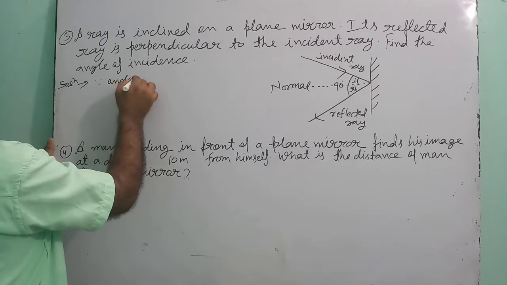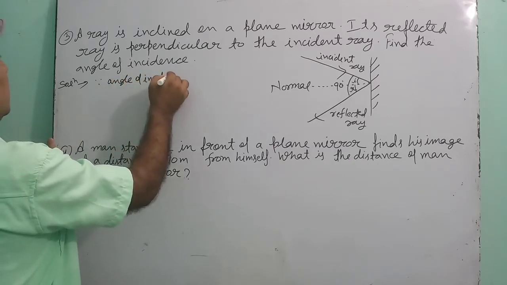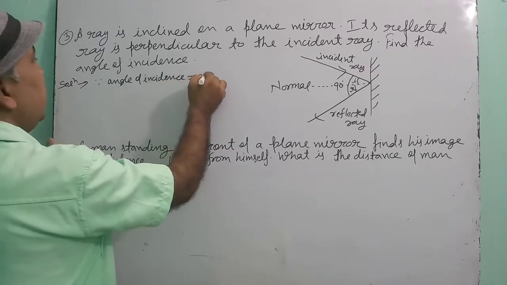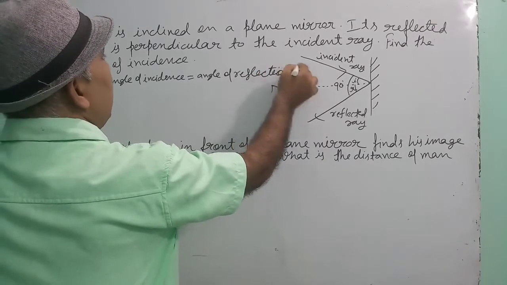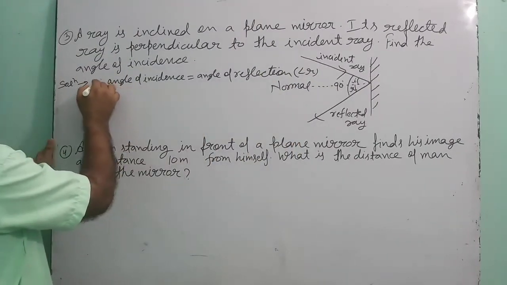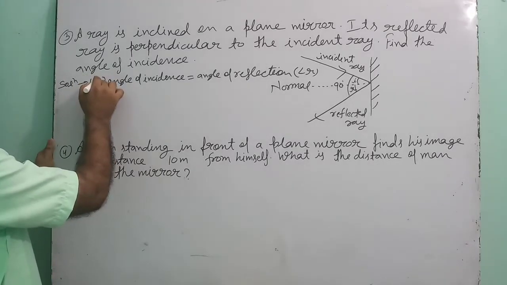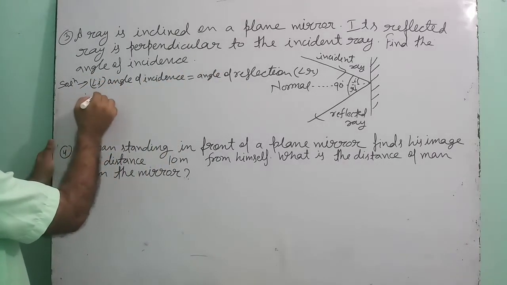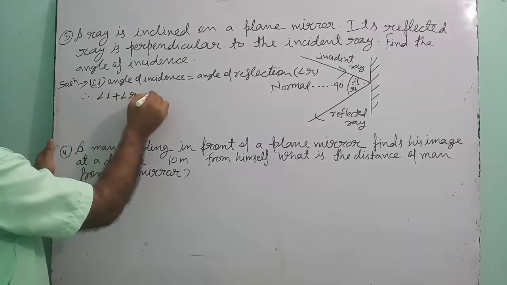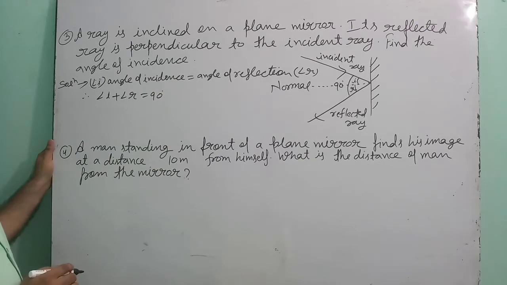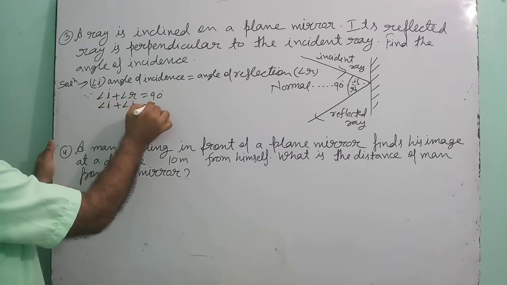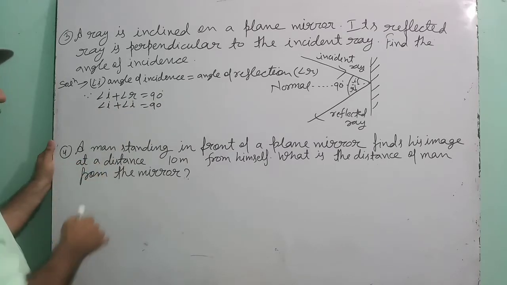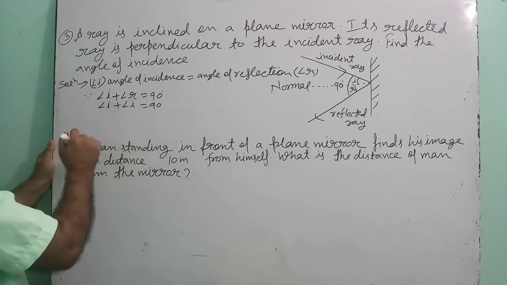Since the angle of incidence is equal to the angle of reflection, angle I is equal to angle R. Therefore, angle I plus angle R is equal to 90 degree. It is given. Since angle I plus angle R equals 90 degree, here we can write angle I plus angle I equal to 90 degree, because the angle of reflection is equal to the angle of incidence.